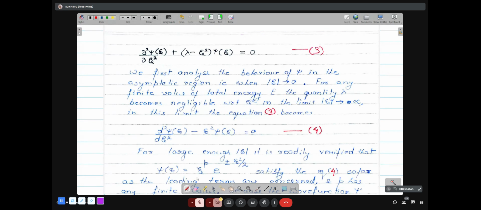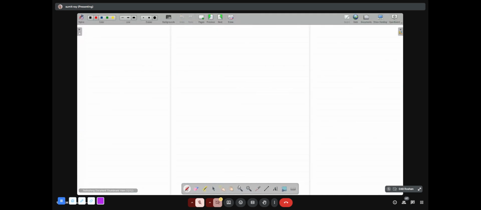Okay, focus a little bit here. We first analyze the behavior of psi in the asymptotic region. Suppose this is our x-axis. Initially we had this where we have written the potential energy term.